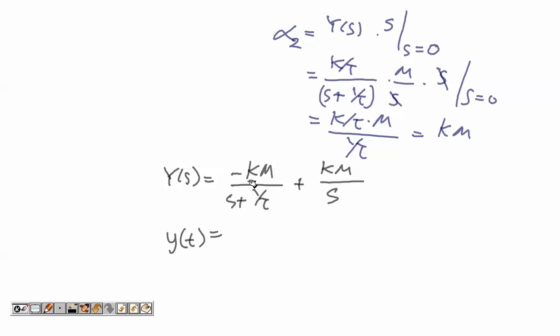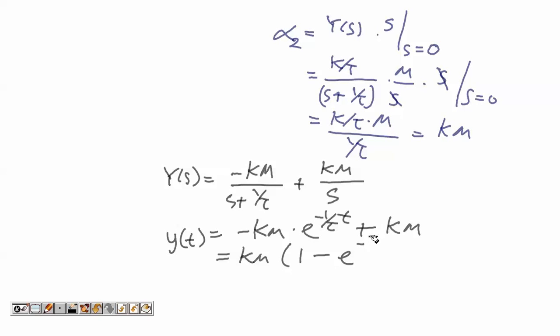So the inverse Laplace transform of km/s minus km/(s + 1/tau) is km minus km e^(-t/tau), or we can simplify by km times (1 minus e^(-t/tau)). Okay.